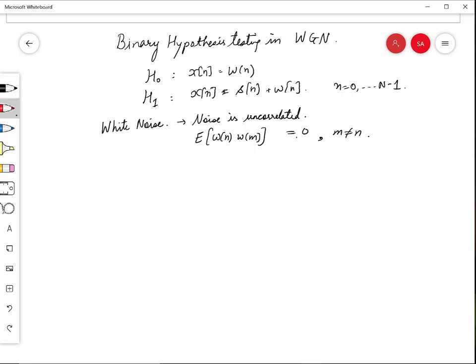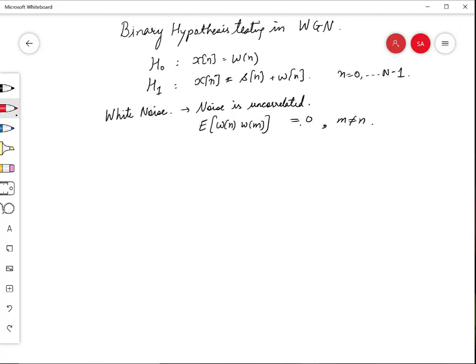Now this assumption is hardly valid in practice. In real scenarios, the noise is colored. What it means is that the expectation of Wm Wn is equal to some value which depends on the difference between the two time stamps.